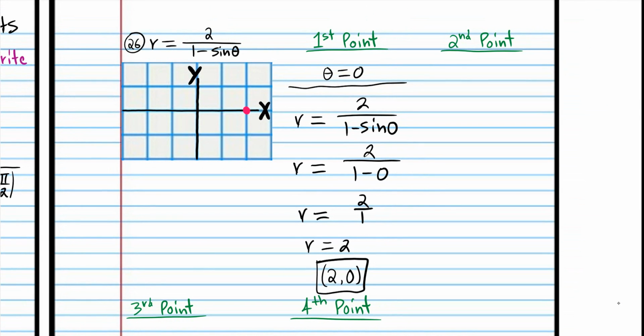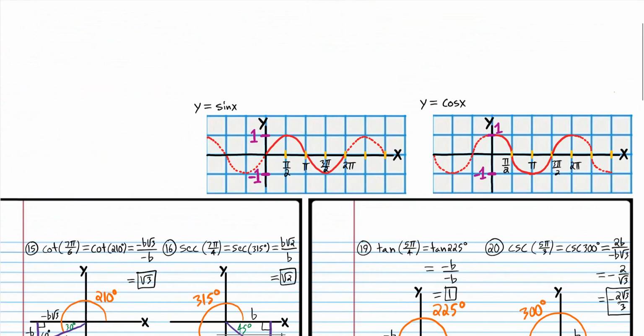Now let's try pi over 2. Remember, we want to stick with quadrantal angle measures if we can. So r is equal to 2 over 1 minus whatever sine pi over 2 is. Let's look at sine pi over 2.